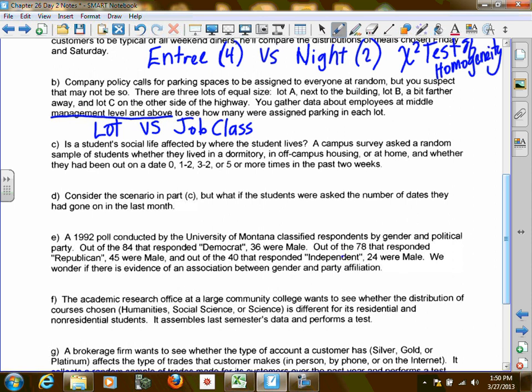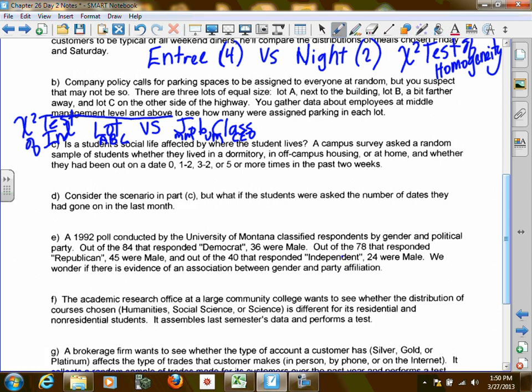Okay. So I could see that. Then you would have maybe middle management, upper management, and then the CEOs. And here, of course, we have lot A, B, and C. So you had two variables with more than one category. Then that was the chi-squared test of independence that you said because you were wondering if they were dependent on class.